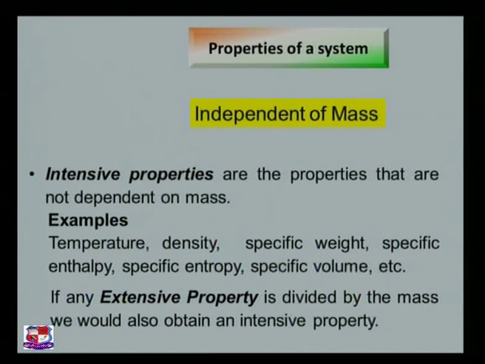So enthalpy is an extensive property, specific enthalpy is an intensive property, because the specific enthalpy unit is kilojoules per kilogram. So whatever the mass is, it doesn't vary. So specific enthalpy and specific entropy do not depend on mass, they are independent of mass. So this type of properties are classified as intensive properties.